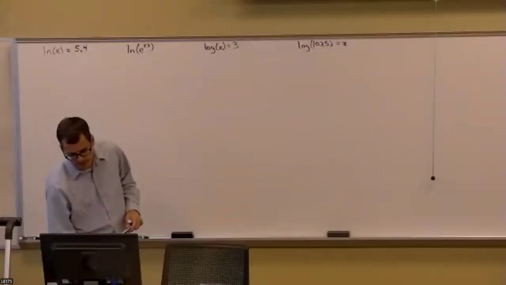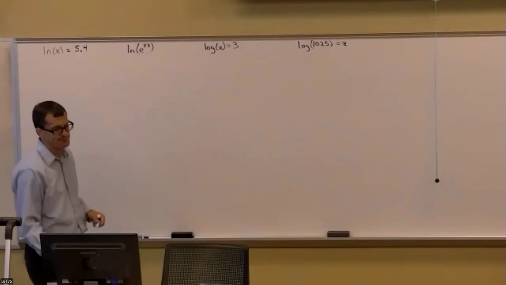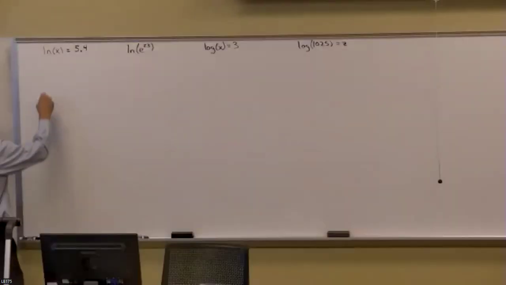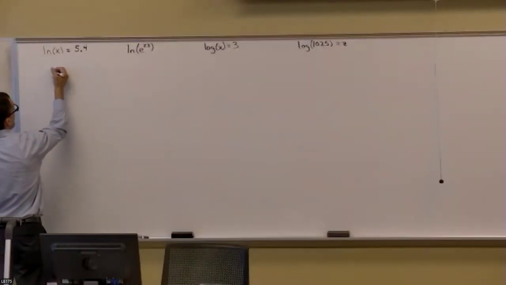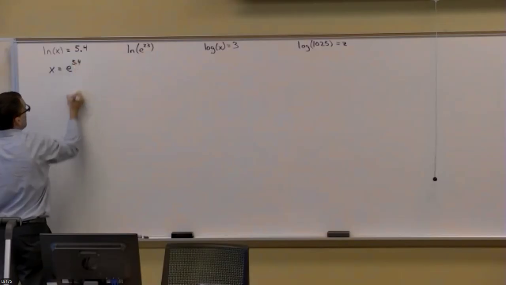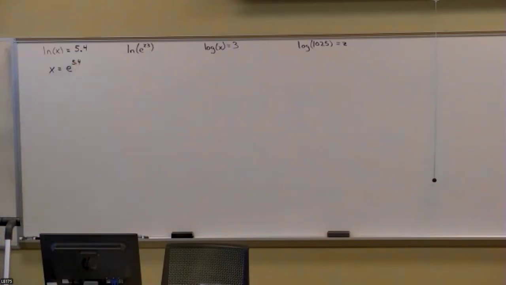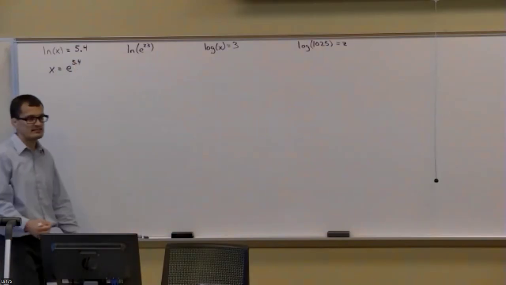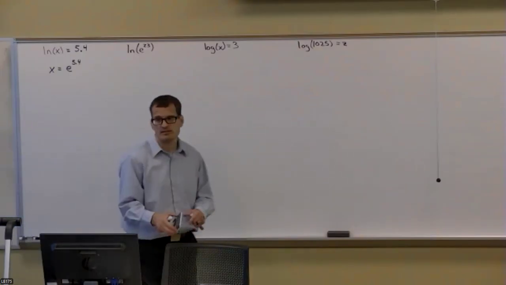So I have all these problems written down. If I want to do natural log of x is equal to 5.4, that means x is equal to e raised to the 5.4 power. That's something that I can plug into my calculator.